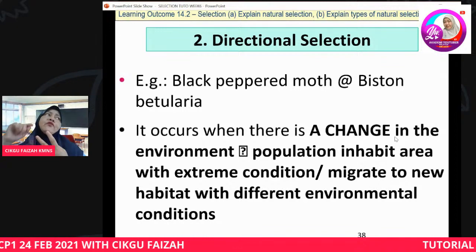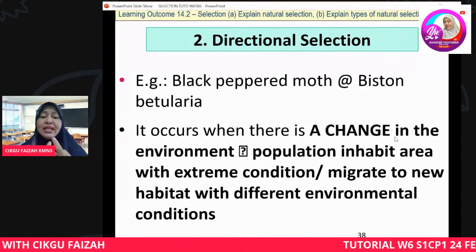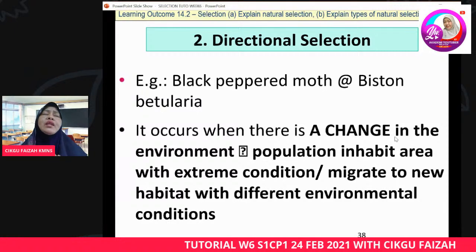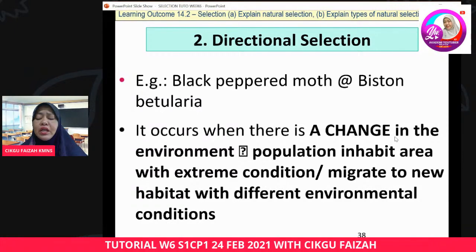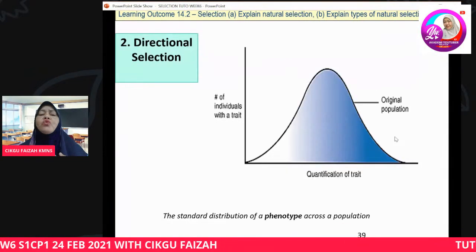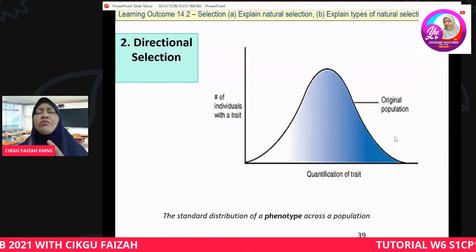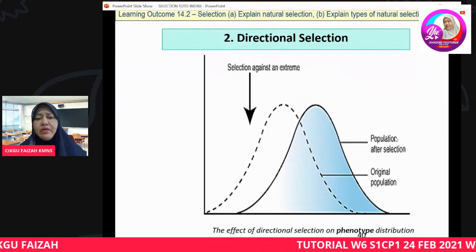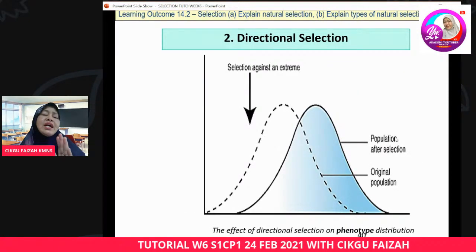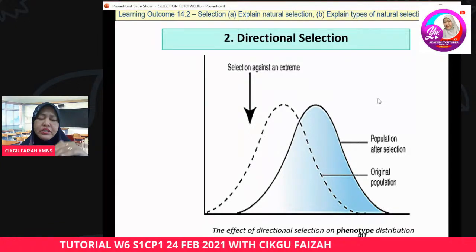So, in the 20th century, with the industrial revolution, what do you think? Which moth will survive more? In this case, you can see the white one will not survive in this new era.